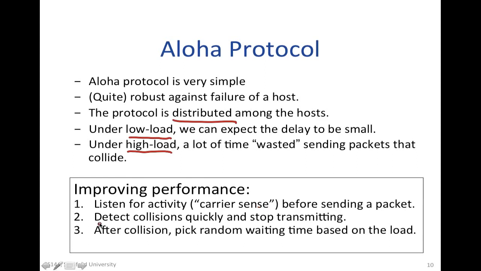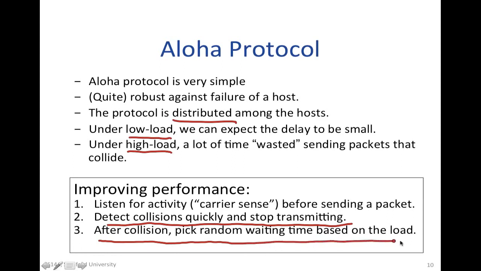The next one is to try and detect collisions quickly and stop transmitting. If you take your time to detect the collision, or you wait until the packet is over, then you've wasted all of that time. If you can detect it very quickly, back off, and then try again later, then you can improve the performance. And the third one is, after there has been a collision, pick a random waiting time that is based on the load. In other words, pick a random time before trying again.